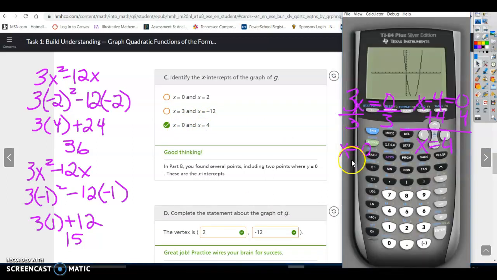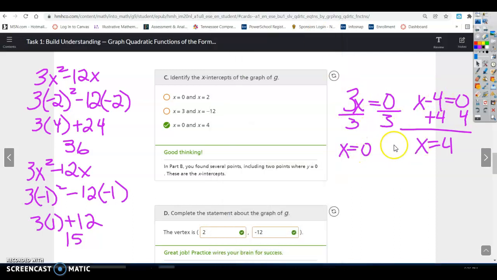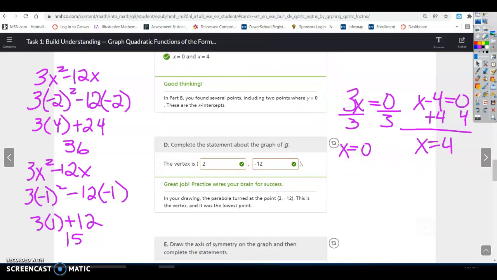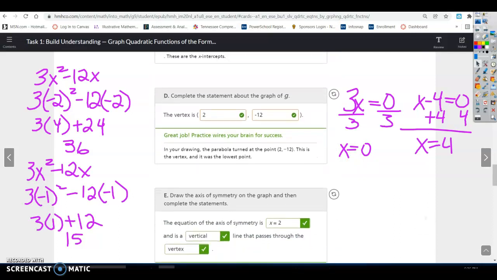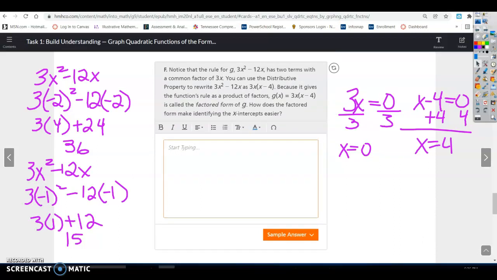And we determined that by looking at the graph and seeing where it crossed here at 0 and here at 4. So these factors that come from the equation can be used also to find the zeros or the x-intercepts. We call them zeros sometimes. I don't know if we will in this class, but you definitely will a little later. But right now we're going to call them your x-intercepts.